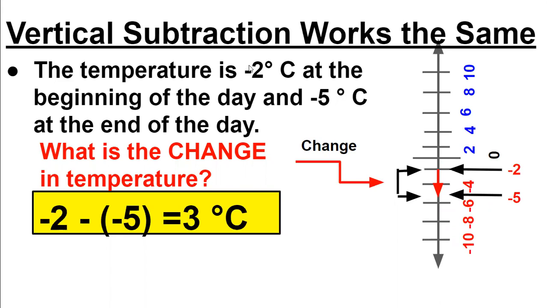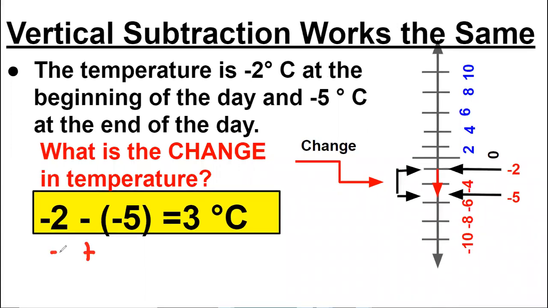How did I figure that out? Well, I changed my minus sign to a plus sign. I left -2 the same, and I changed my -5 in parentheses to a +5. And then I said, oh, okay, well, if I have $5 in my pocket, but I owe somebody 2, I'm going to be left with 3 of my own.